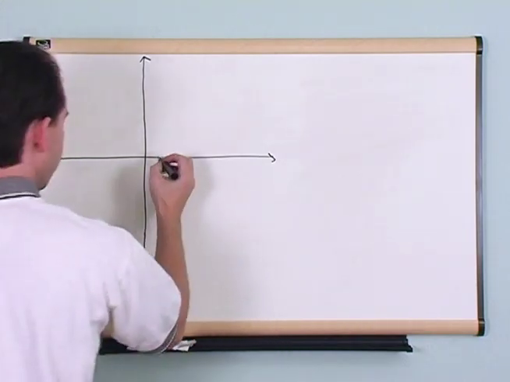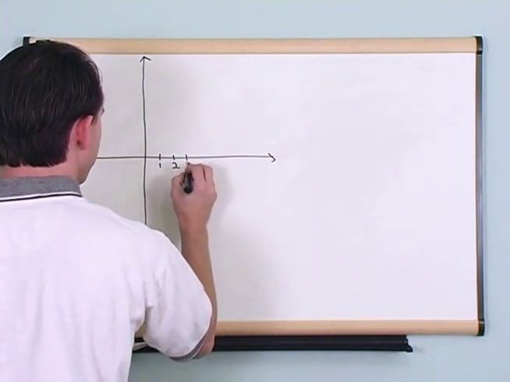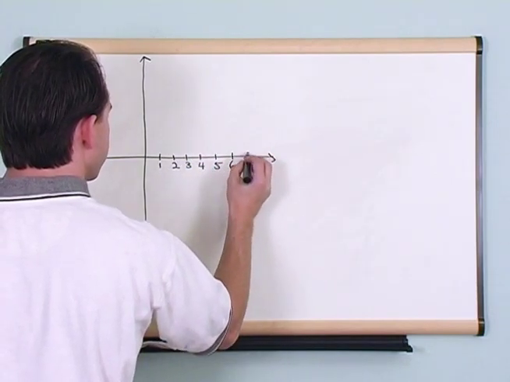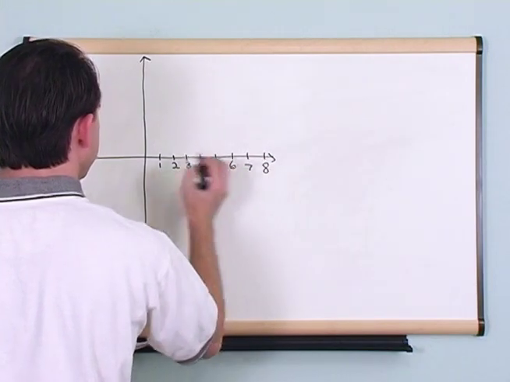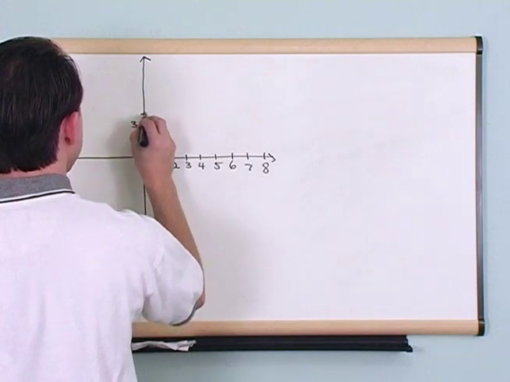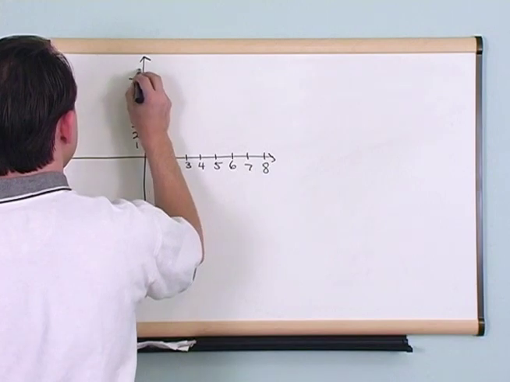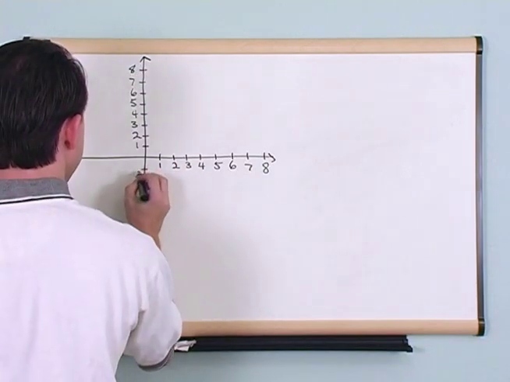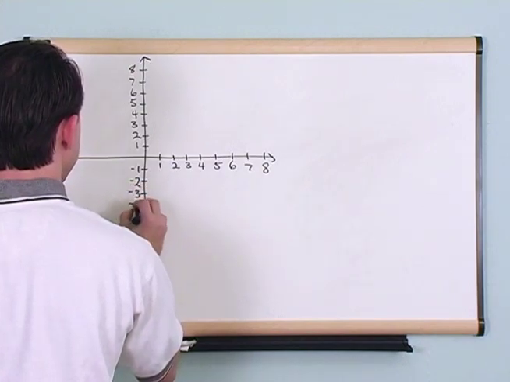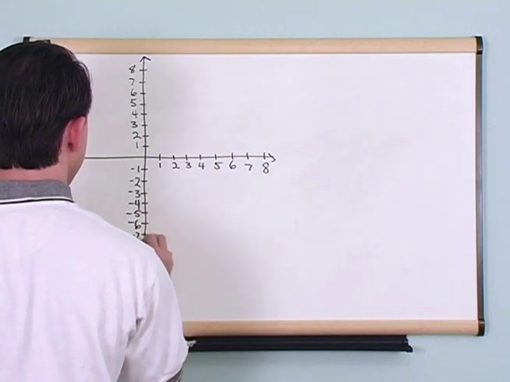So let's say this is 1, 2, 3, 4, 5, 6, 7, 8, and let's say this is 1, 2, 3, 4, 5, 6, 7, 8, -1, -2, and so on, down to -8.